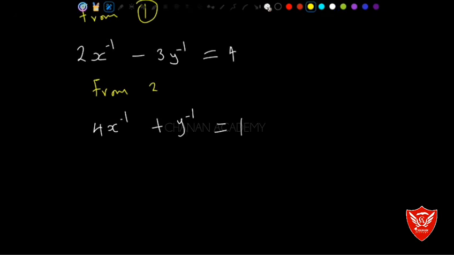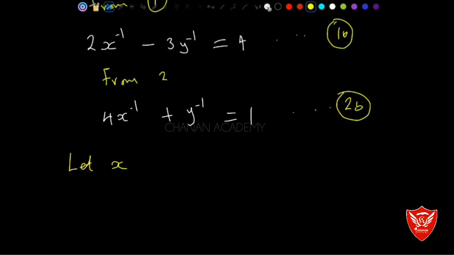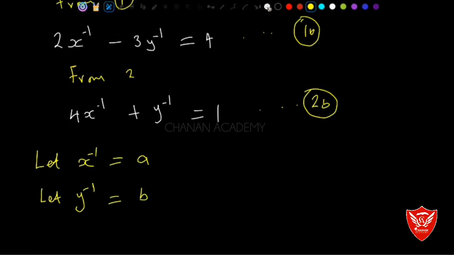From this point, we can make an assumption. Let's call these equation 1b and equation 2b. We can say let x raised to the power negative 1 equal a, and then let y raised to the power negative 1 be equal to b. In that way, we are going to have our new equations.